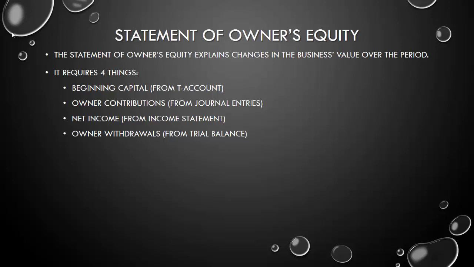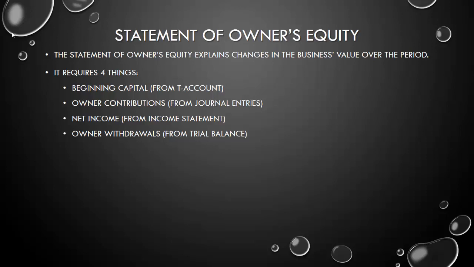Owner contributions: money that the owner took from their own, say, personal checking account and put into the company bank account. That would be an owner's personal contribution, and those kind of things are going to be tracked in journal entries. So you're going to have to go back through your journal entries and figure out what your owner contributions were.